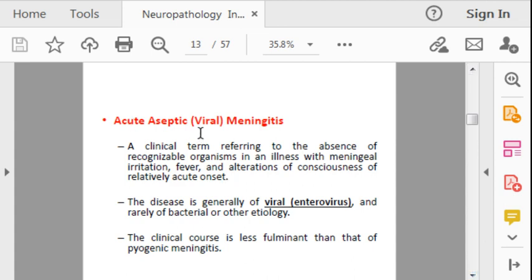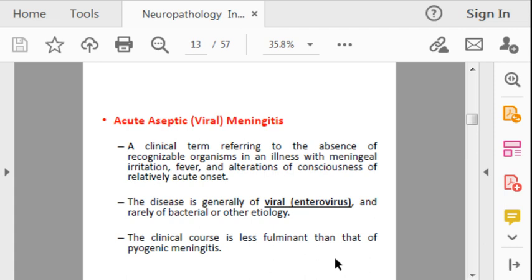Now we come to acute aseptic or viral meningitis. It is a clinical term referring to the absence of recognizable organisms in an illness with meningeal irritation, fever, and alteration of consciousness of relatively acute onset. The disease is generally viral in origin, enterovirus, and rarely of bacterial or other etiology.